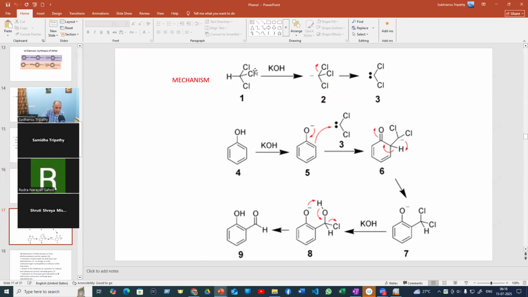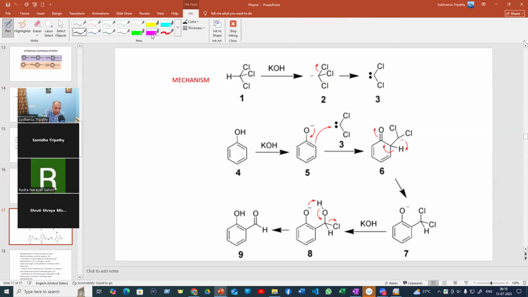Chloroform, with OH minus, that also, the OH minus here abstracts a proton and produces a carbanion, trichloromethyl carbanion.